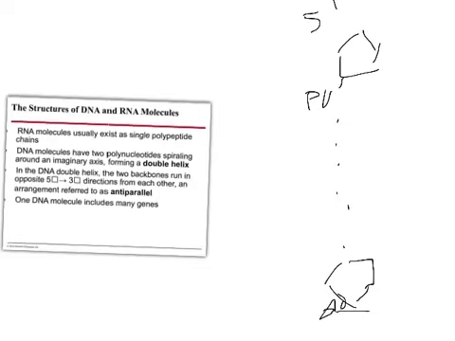Sorry. On the other strand, it's opposite, so it's going to be upside down. Here's your 5', and then it ends up with your 3' OH up top. I apologize for the lack of neatness on that.